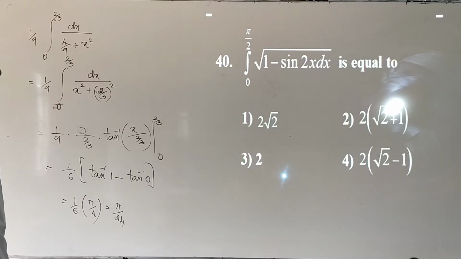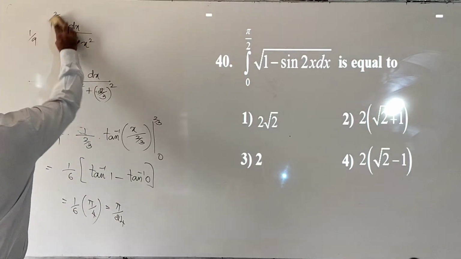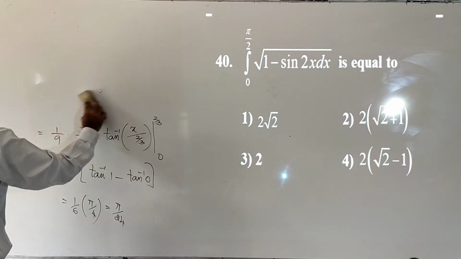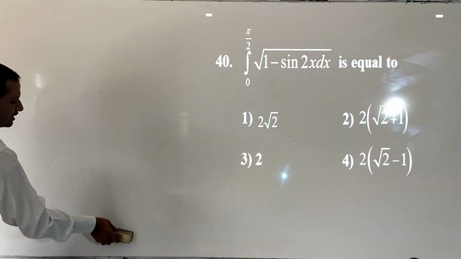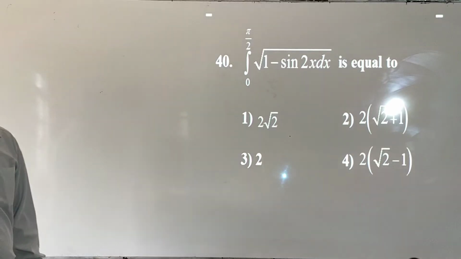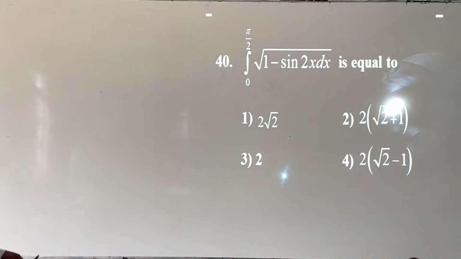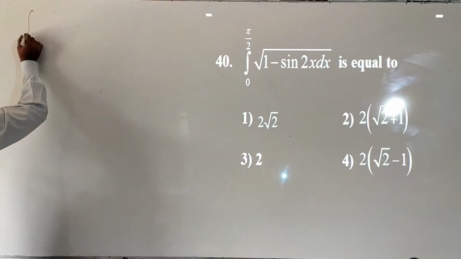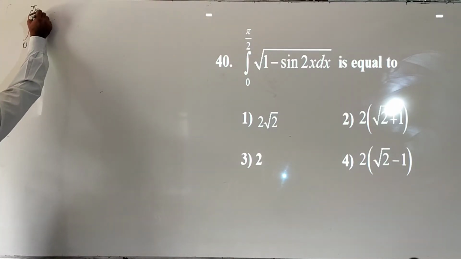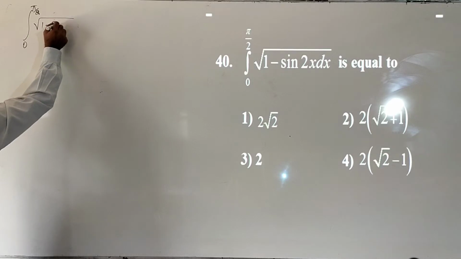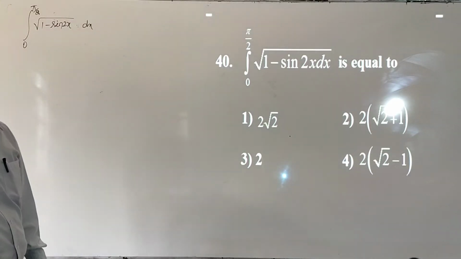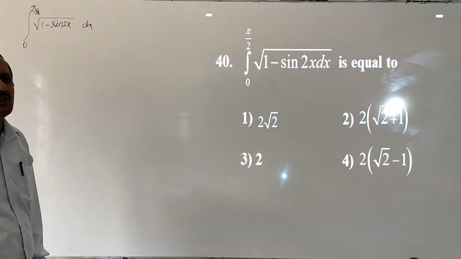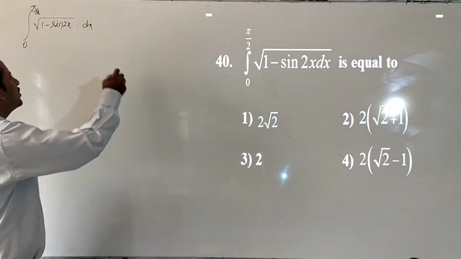Okay. Next, 40th question. Integral 0 to pi by 2 root of 1 minus sine 2x dx. I will write 1 as sine square x plus cos square x and sine 2x as 2 sine x cos x.